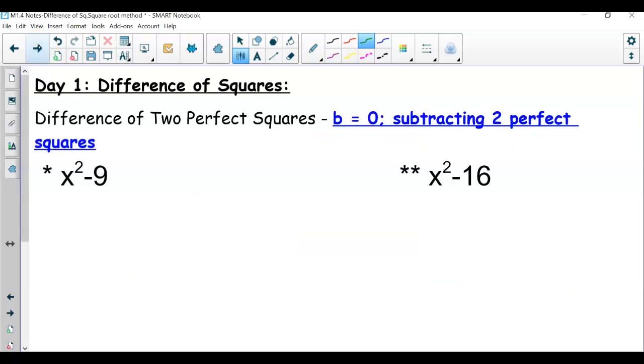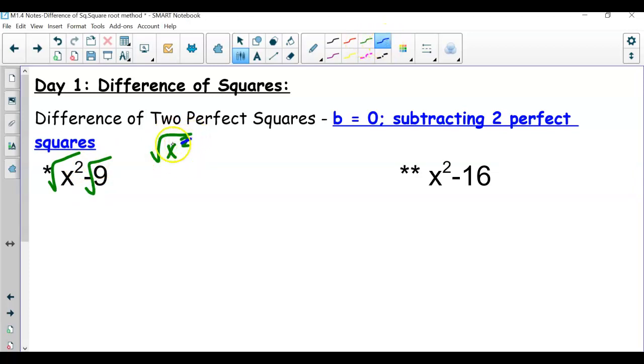So the difference of squares, or difference of two perfect squares, is where b is equal to 0 and you are subtracting two perfect squares. For example, if I have x squared minus 9, this is a difference of two squares. Because if I were to take the square root of both of these values, remember, if I took the square root of x squared, these are inverse operations.